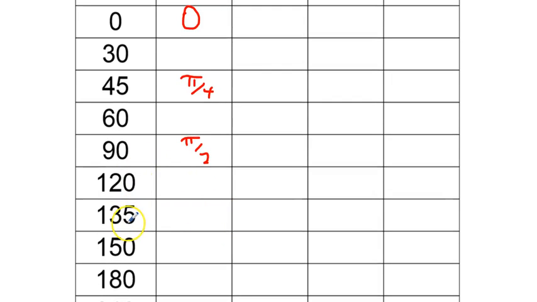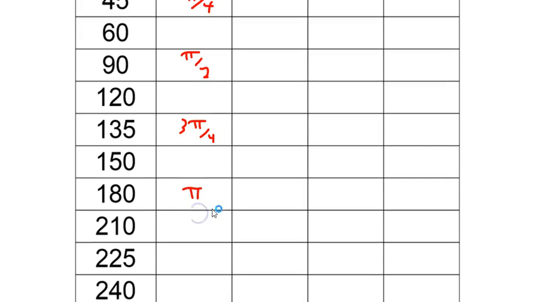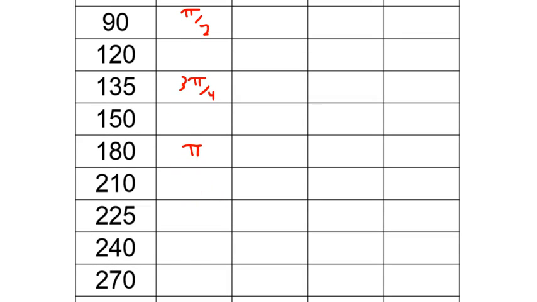Adding 45 again takes you to this value, so that gives you 3 pi over 4. And then adding 45 degrees again here is 4 pi over 4, which we reduced to just be pi. So continue this pattern. We're just going 1, 2, 3, 4, 5 pi over 4.